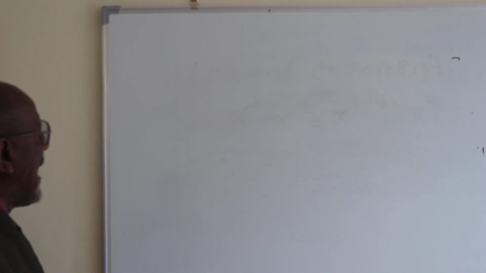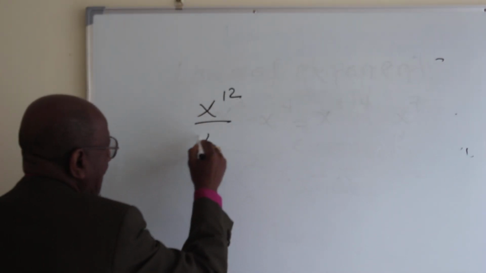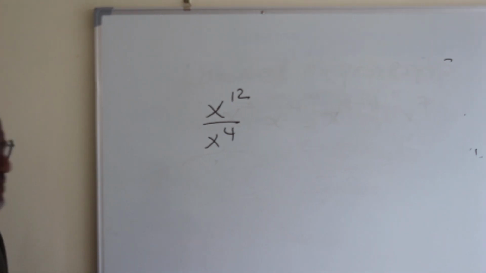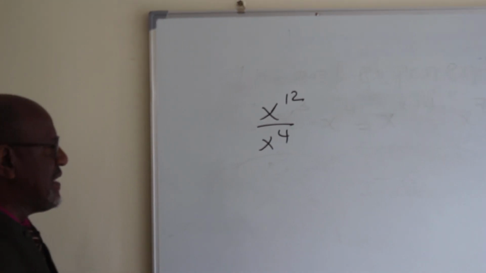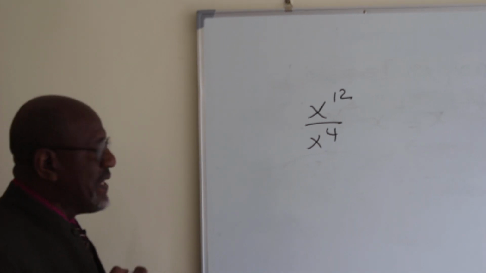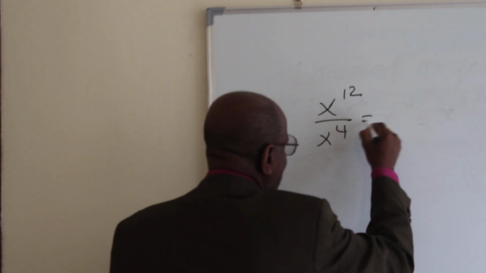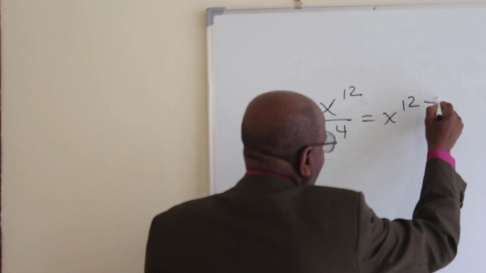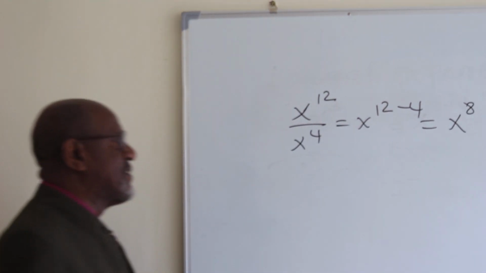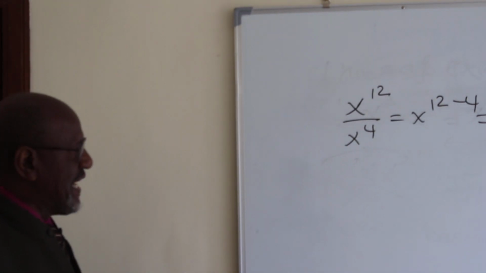For instance, if we have x to the 12th divided by x to the 4th, those bases are the same, and we are dividing. So we subtract the exponents. Now this will give us x to the 12 minus 4. That's x to the 8. Because terms of the same base, when divided, we subtract the exponents.